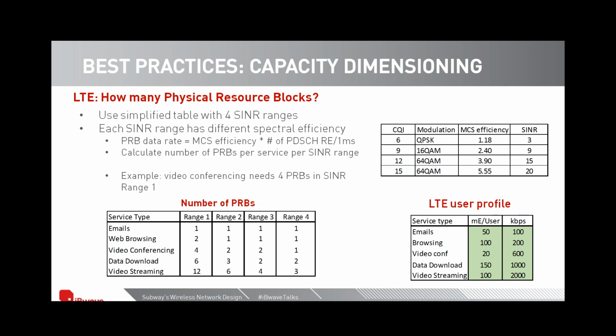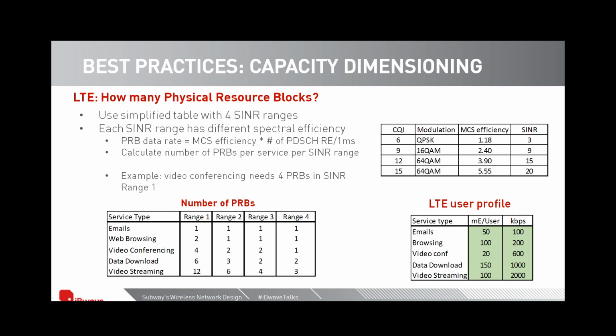But if you look at the data rate required for, let's say, video streaming, which is 2 megabits per second, in range 4, and knowing that each PRB is about 900 kilobits per second, it means that you have to have 3 PRBs to carry that signal. So if you look at the table that gives you the number of PRBs, in range number 4, video streaming needs 3 PRBs. It cannot have 2.5 or 2.2 PRBs because PRBs are assigned as a whole. So it's either 2 or 3, and here we have 3.